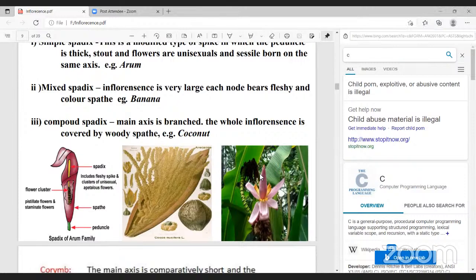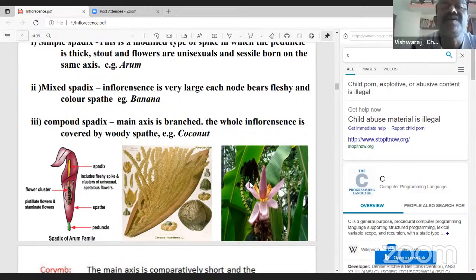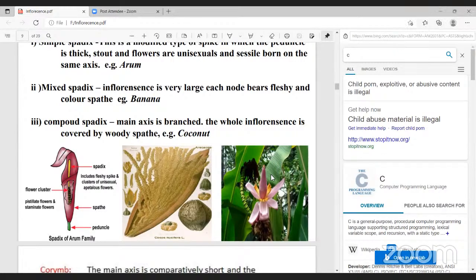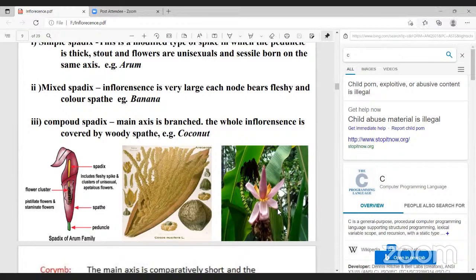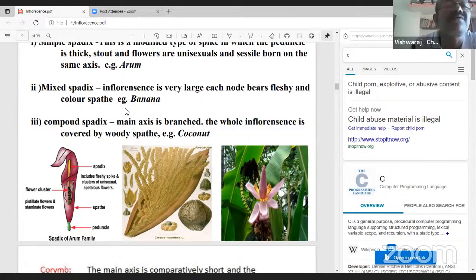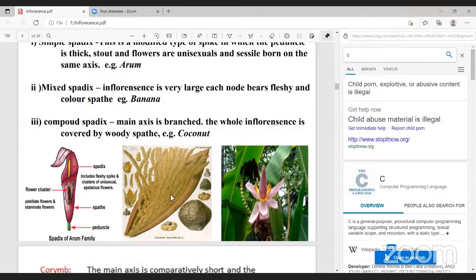Each inflorescence is very large, and at each node, as we have seen, node and internode, with examples sugarcane, jowar, and bajra stem, the spathes are colored.